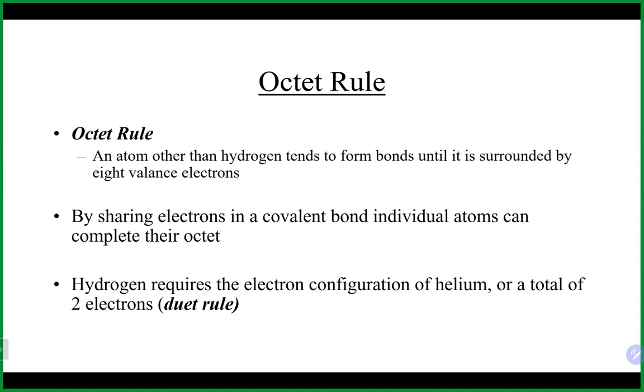And in covalent bonding, that's going to be done by sharing those electrons, and everybody will be able to get to that 8. The exception to that is our hydrogen that we just talked about. It will only get to 2 electrons. That is sometimes referred to as the duet rule, because it only needs to get itself over to helium to be sufficiently good.